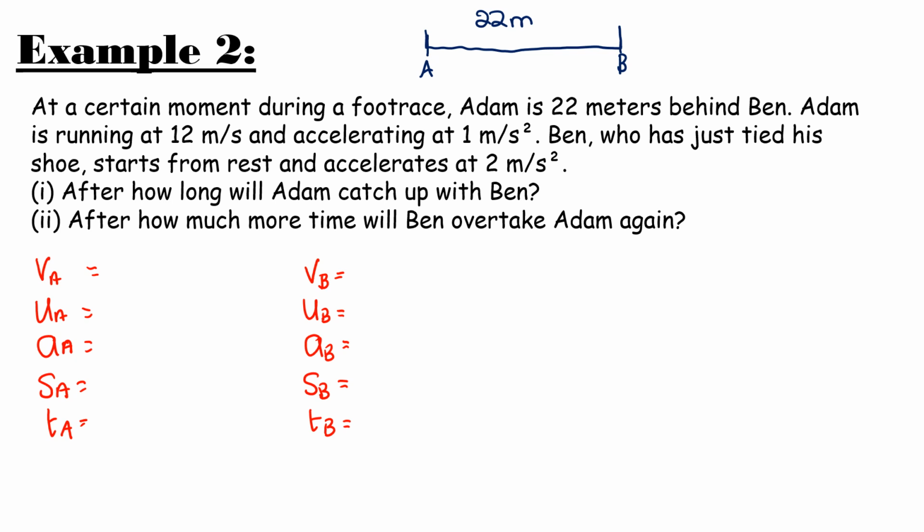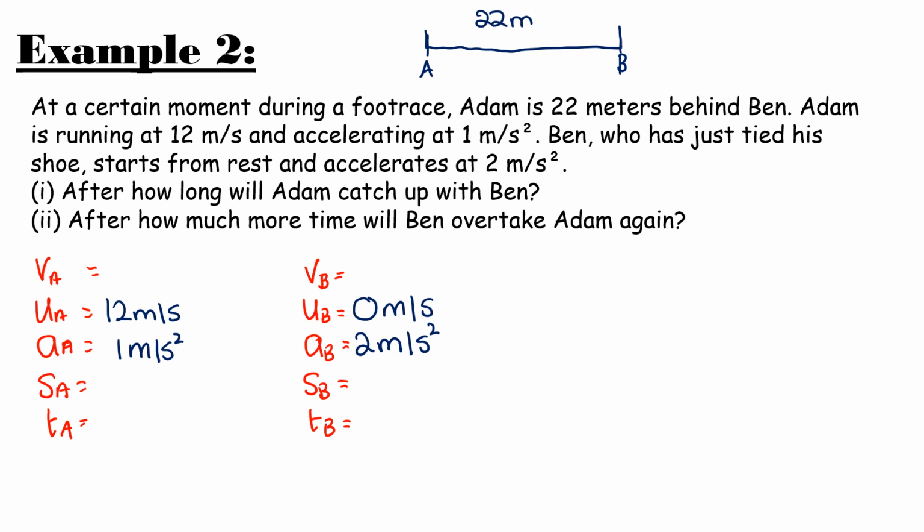Adam is running at 12 meters per second, and he is accelerating at 1 meter per second squared. Ben has just tied his shoe, so he is starting from rest. He is accelerating more. What will happen is Adam will catch up on Ben, and then because Ben will keep running and he's accelerating at a faster rate, he will then overtake Adam again.